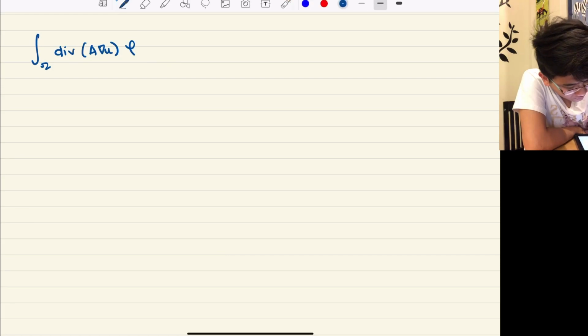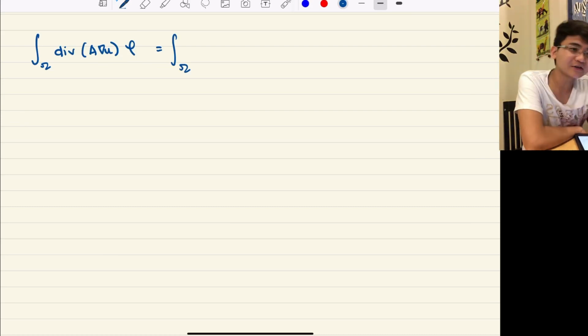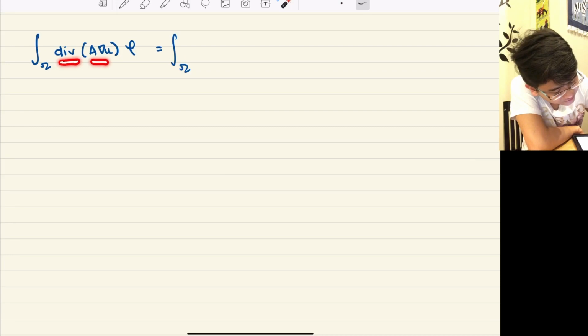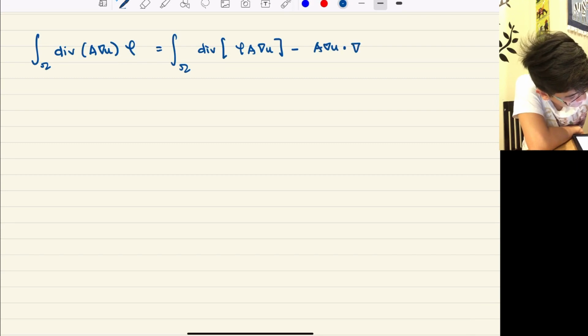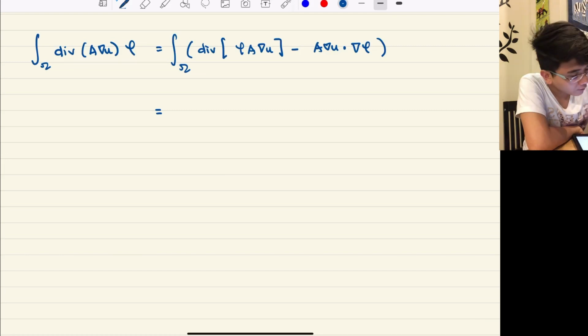So let's see, how do you do that? Just from calculus, assuming that everything is nice and smooth, the calculations that I'm going to do here are valid. A divergence of a vector times a scalar is equal to divergence of the scalar times the vector minus the vector dotted with the gradient of the scalar function. And then we apply the Gauss divergence theorem for this one.